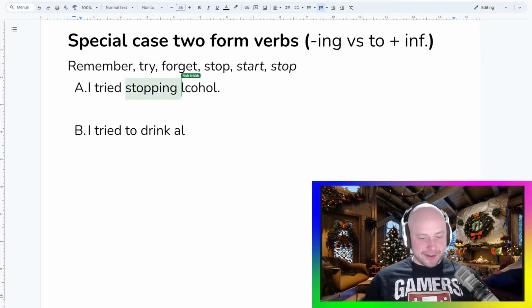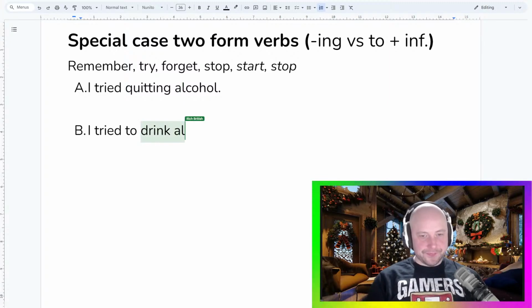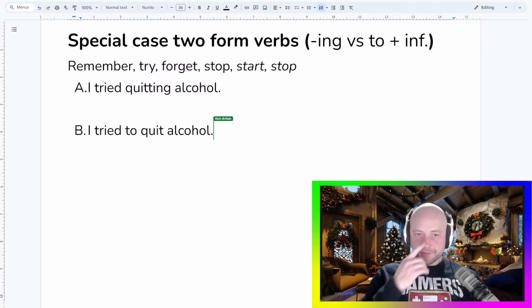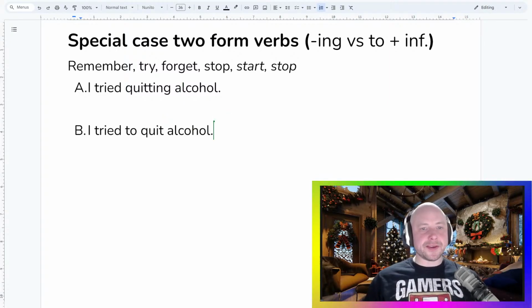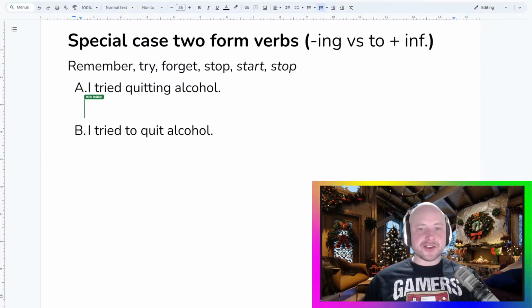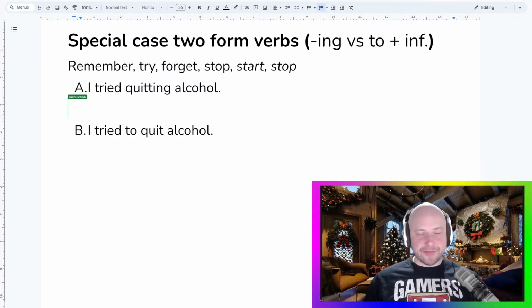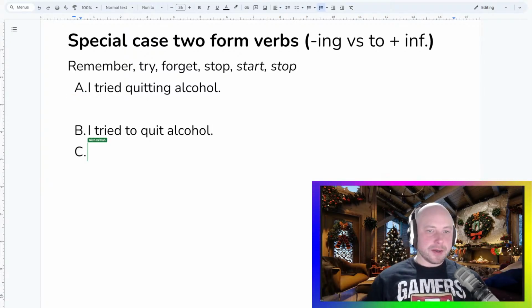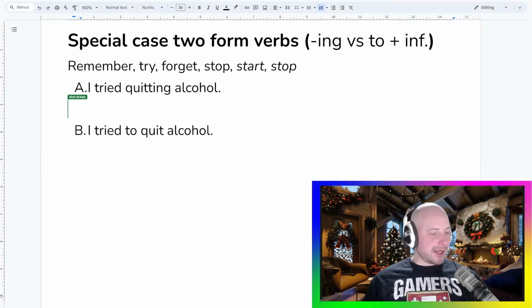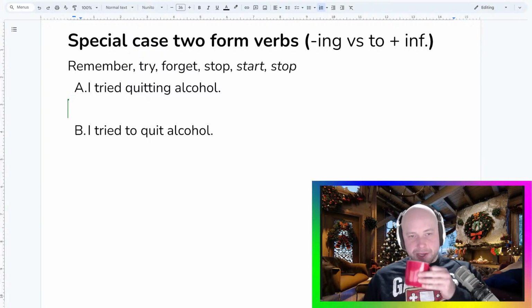Let's say quitting. So the difference with try is more subtle. It's not as extreme as with remember, but there is a difference. Does anyone know what the difference is between A and B?